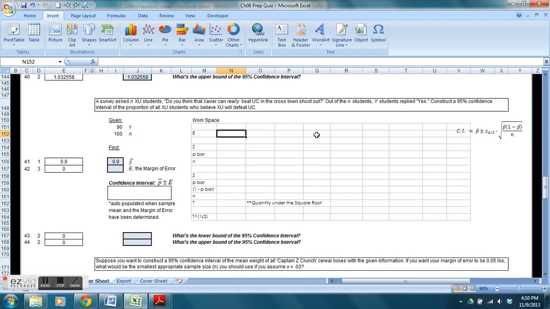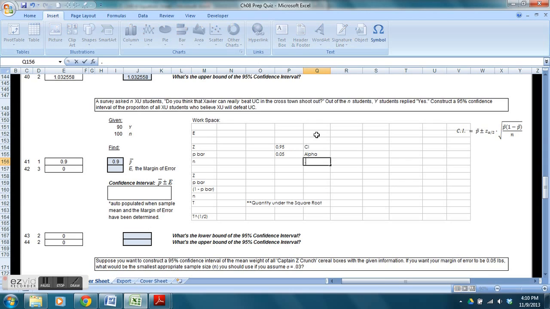Alright, so now we know what's going on. Our z term, well, we have to figure out what alpha over 2 is. We have a 95% confidence interval. So our alpha is 0.05.